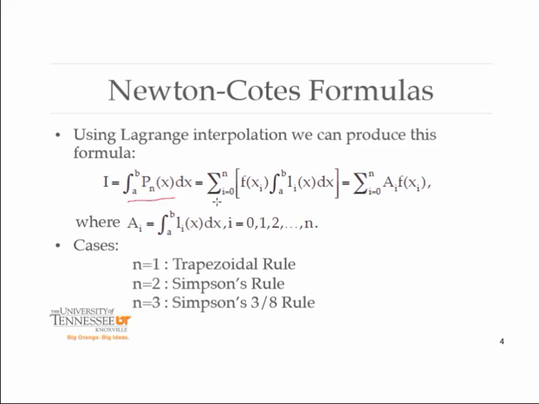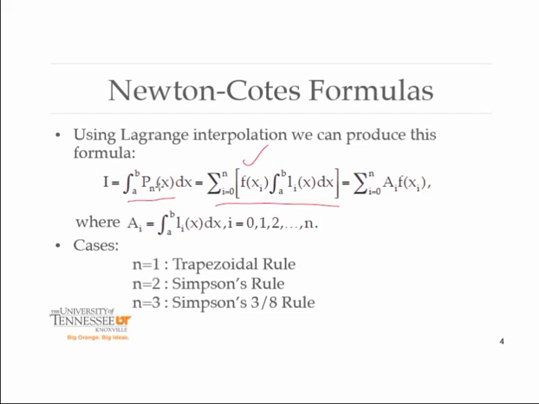Going back to our formulation of the Lagrange interpolant, remember our cardinal functions Li of x, weighted by the function evaluations f of xi. What I've done is replace our definition of the Lagrange interpolant inside this bracket here, which represents P of x.